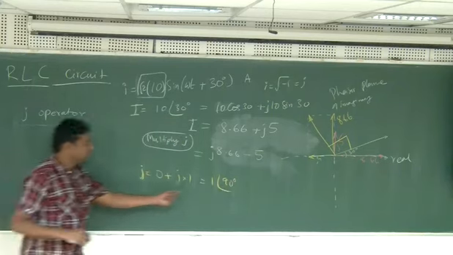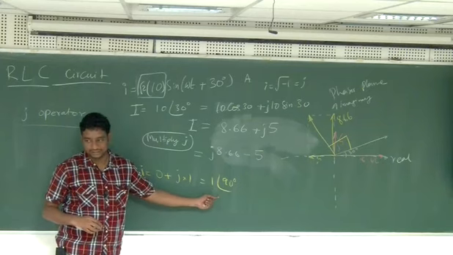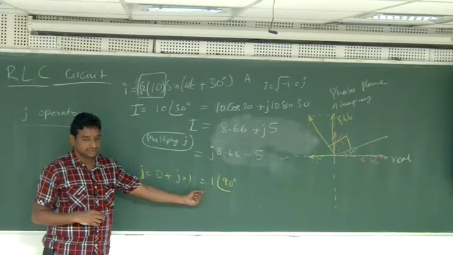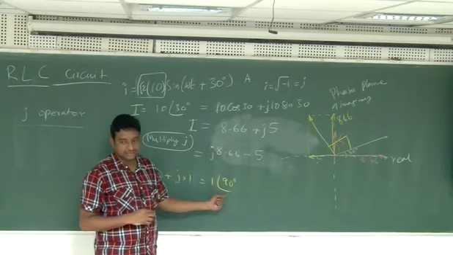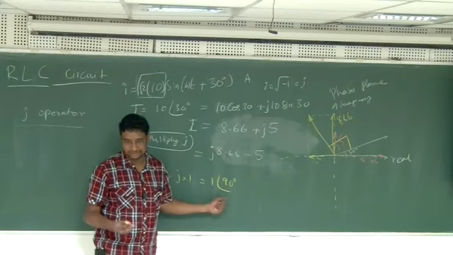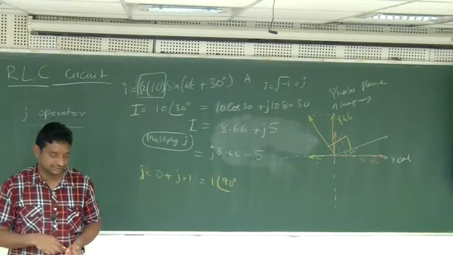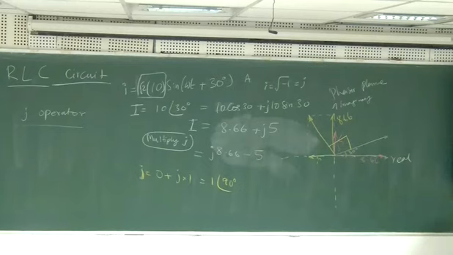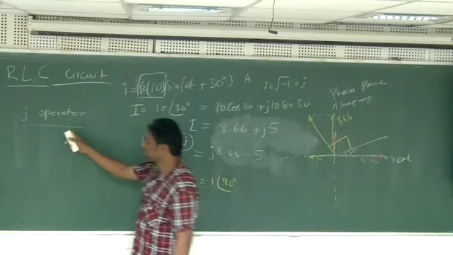So it's a phasor of unit 1 at the angle of 90 degrees. Okay. And when you multiply anything with this, the magnitude remains the same. The angle adds by 90 degrees. So J is a rotation by 90 degrees. Just remember that we will use that idea later on. Okay, that's about J operator.